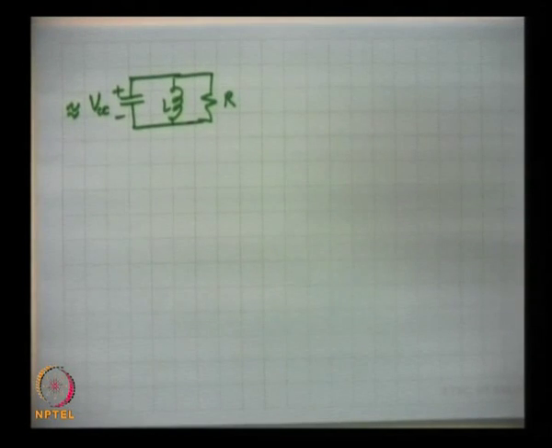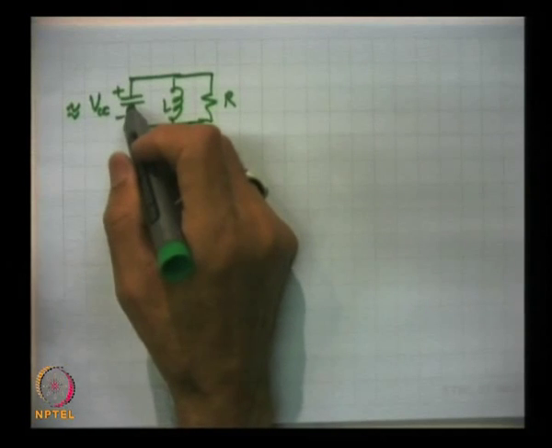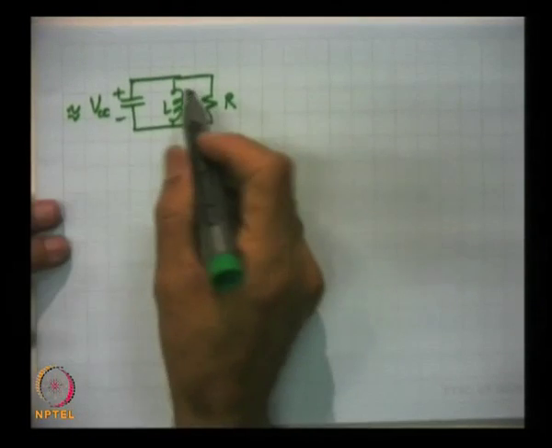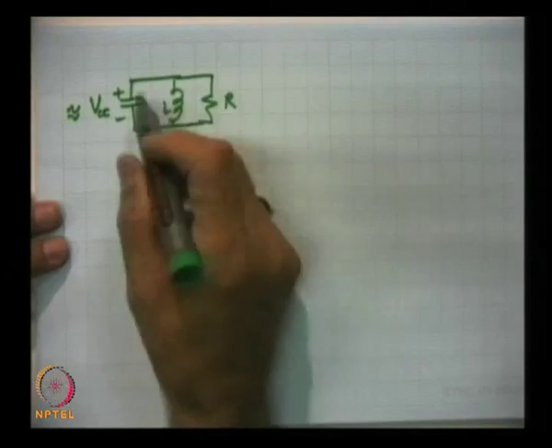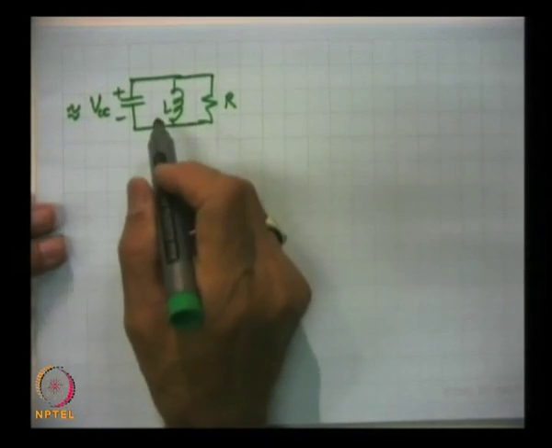If this is 50 volts, this may be initially 48 volts. Now, this capacitor is charged, and this will get discharged through this resistance, and the current will pass through the inductor.